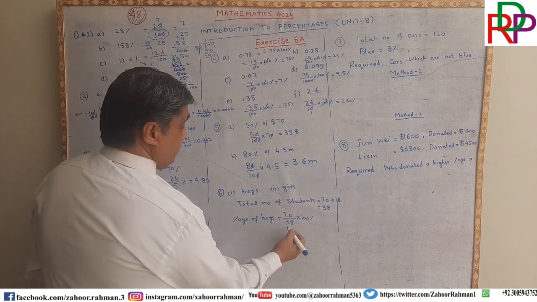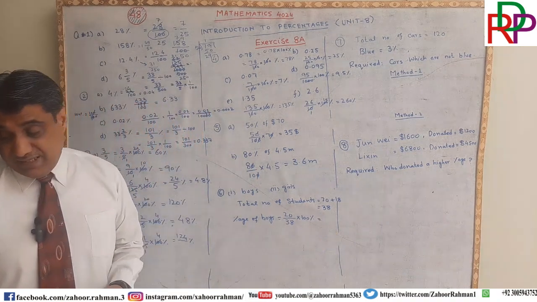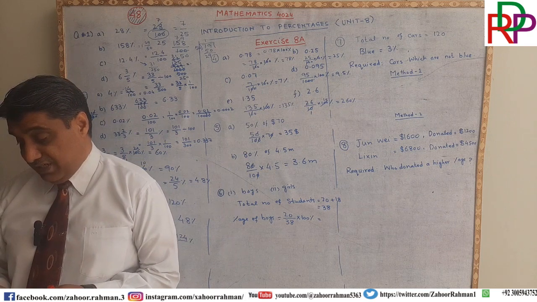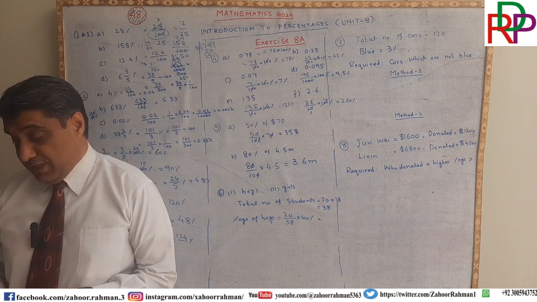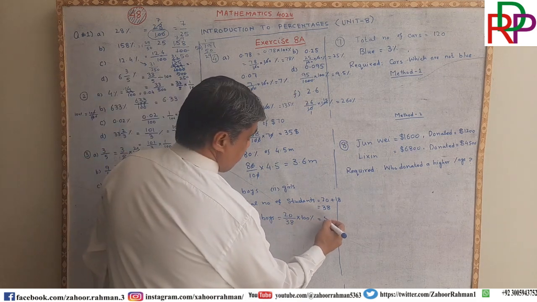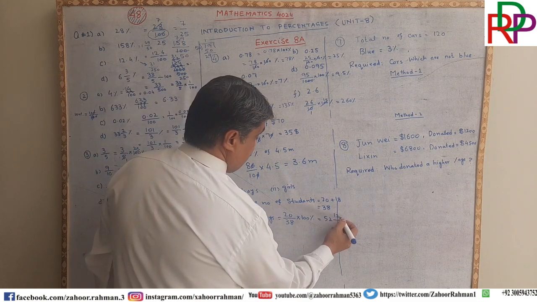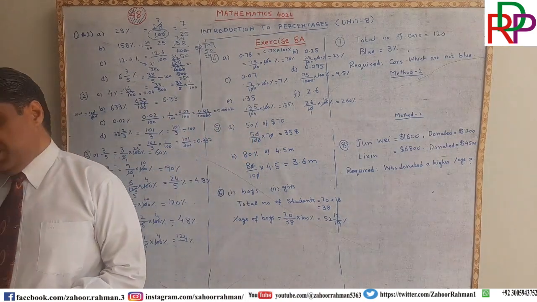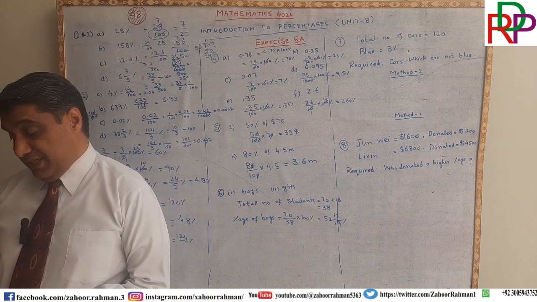So when we calculate this, and I calculated it in advance, that will be equal to 52 whole 12 over 19%. So it means a little bit greater than the 52.